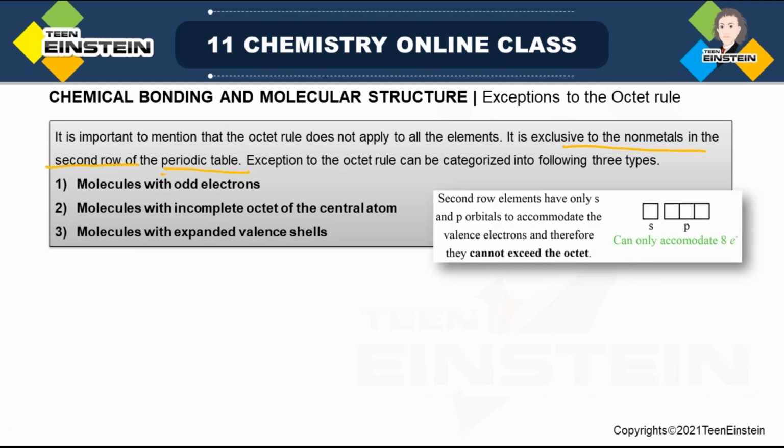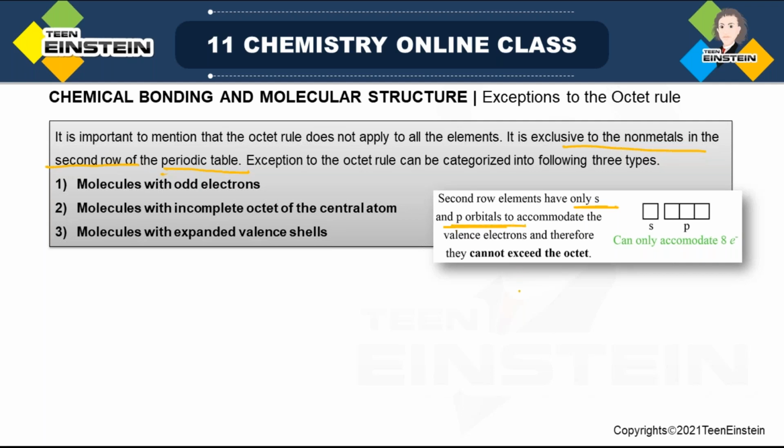Now, why do only second row elements always obey this octet rule, and why is it not maintained by other rows? The reason is that second row elements have only s and p orbitals. There is no d orbital possible. Have you ever heard of 2d?